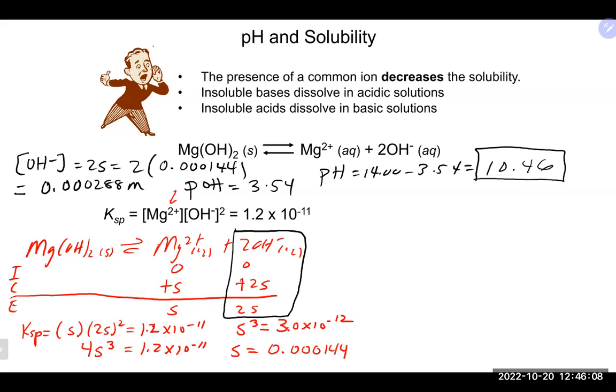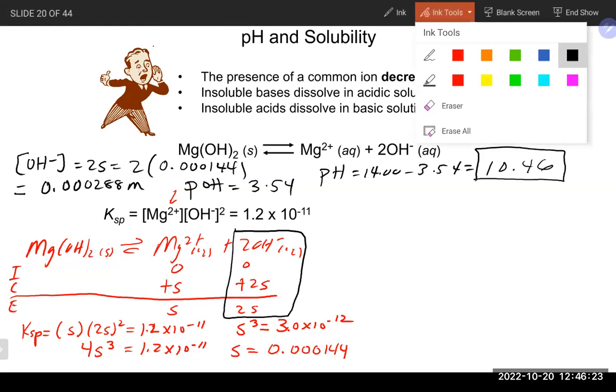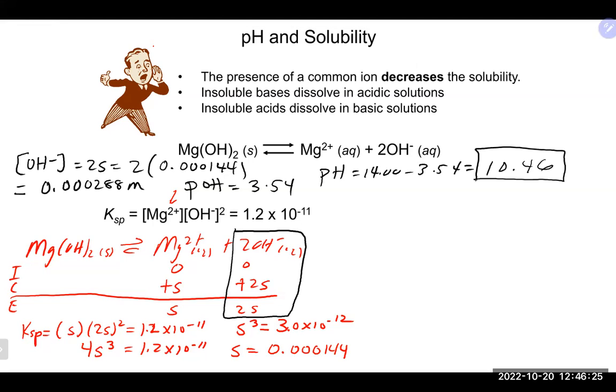So if you took that solution, you made a magnesium hydroxide type situation, it would have basically a baseline pH of 10.46. Is it acidic or basic? It is basic, which is good because it's magnesium hydroxide, it's a base, right? So this is definitely a basic pH.